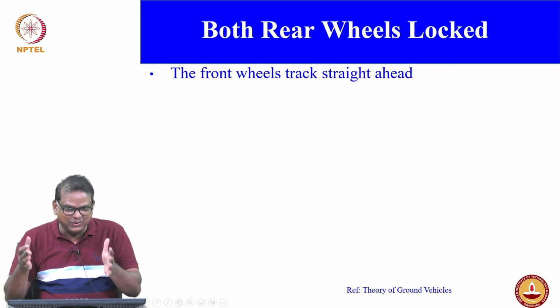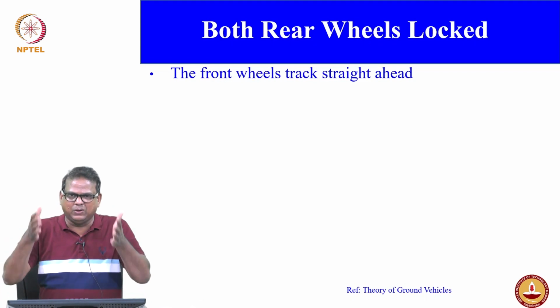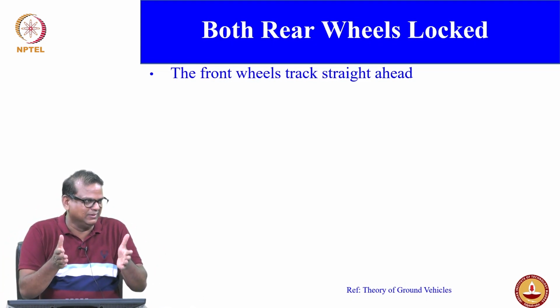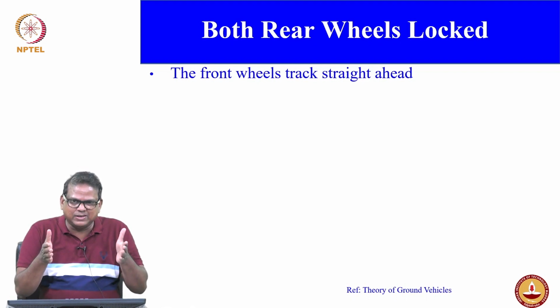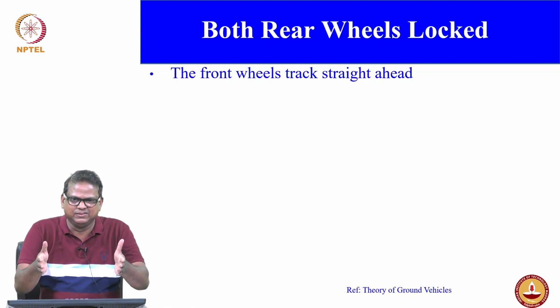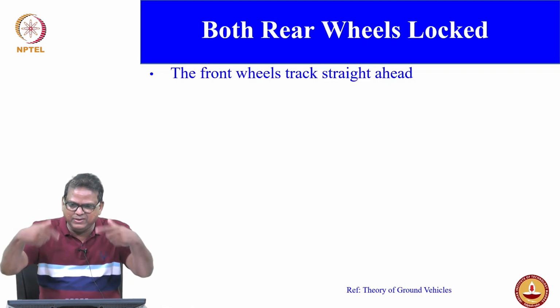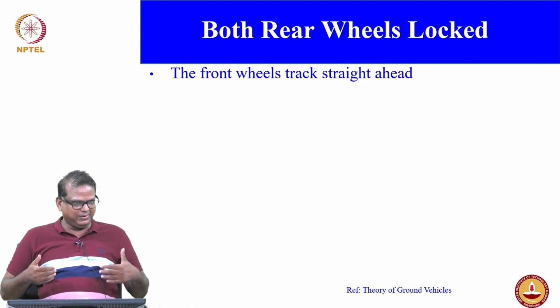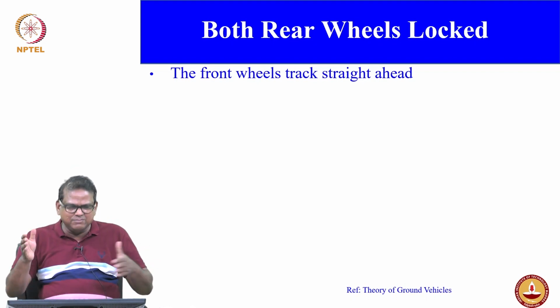But what happened? They locked. The moment I say locked, the wheels can't rotate anymore. Please understand that. So rather they start sliding. My front wheels are rotating on the front axle, whereas the rear wheels are not rotating, they are sliding. So that will create an imbalance.